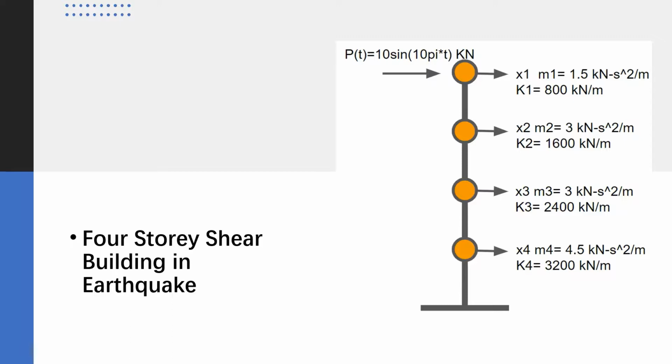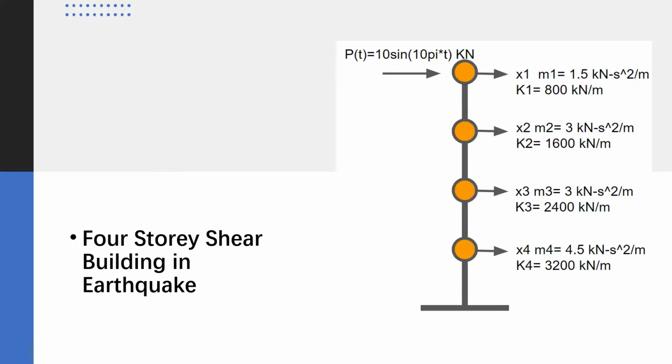The peak force of the earthquake acting on the roof floor is assumed to be 10 kilonewtons. To comply with the calculation of the stiffness and mass matrices, the mass of each floor is converted from kilograms into kilonewtons second squared per meter.